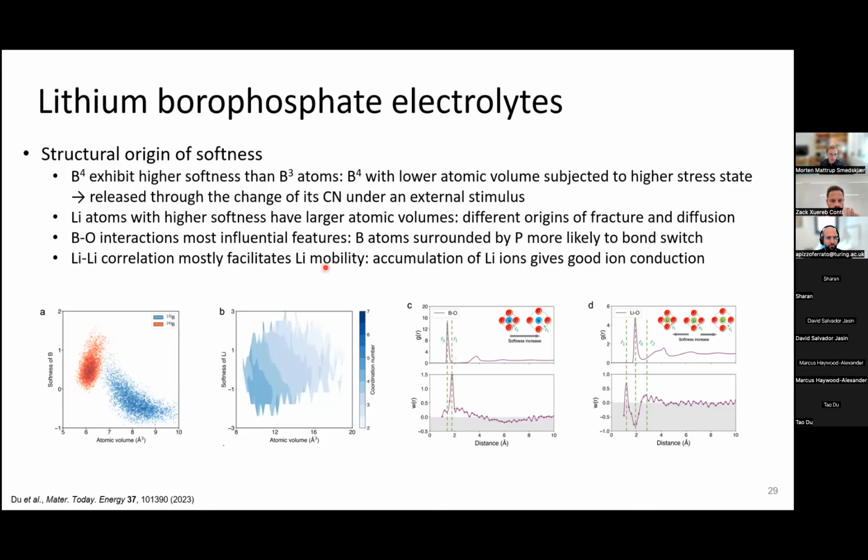We can look at also which neighbors are more likely to give rise to bond switching, and for example, if you are away from the equilibrium bond length, you are more likely to move. So with this kind of classification, it can tell us something about the overall structure, but you can really also go in and look at the details, and with our chemical understanding of the glasses, really understand what is controlling that.